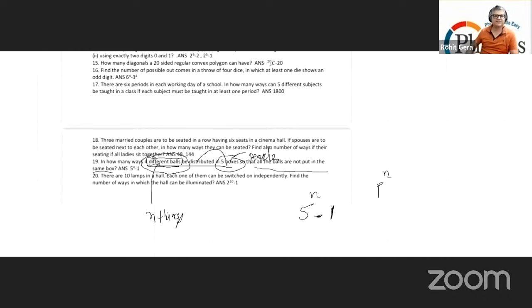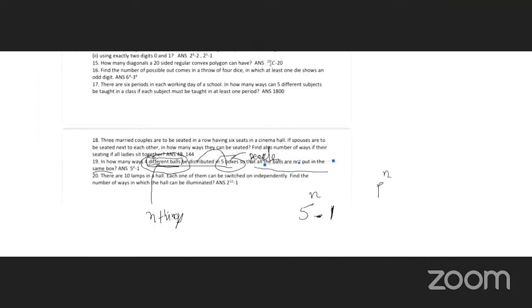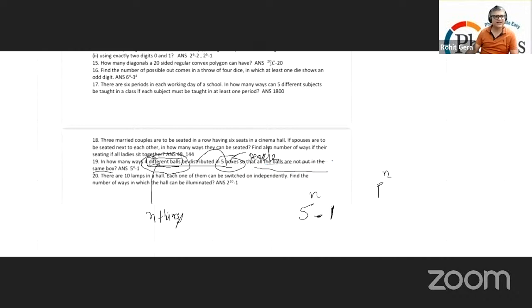That is why the minus 1 came. It is with restriction. You can't have all the balls in one box, but what we computed includes that, so we don't include it. So 5 raised to power 4 minus 1.